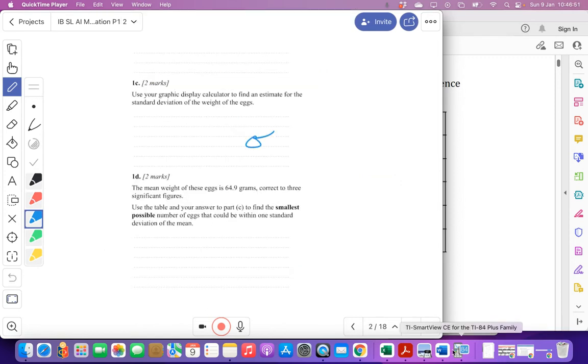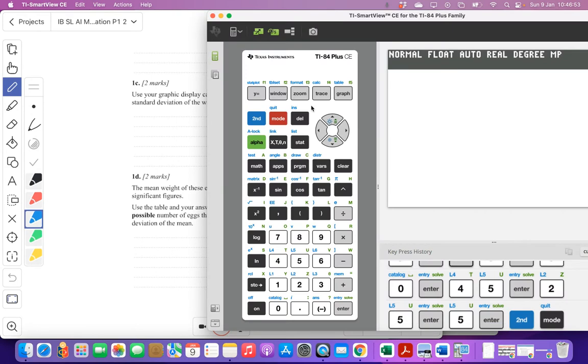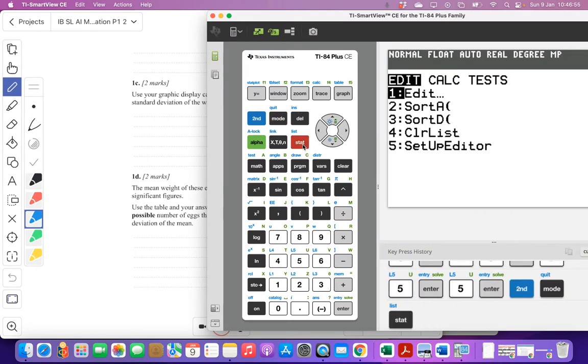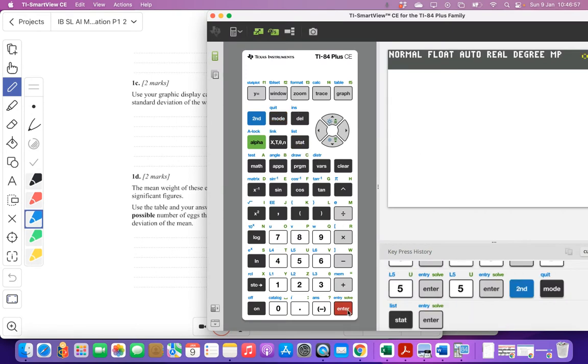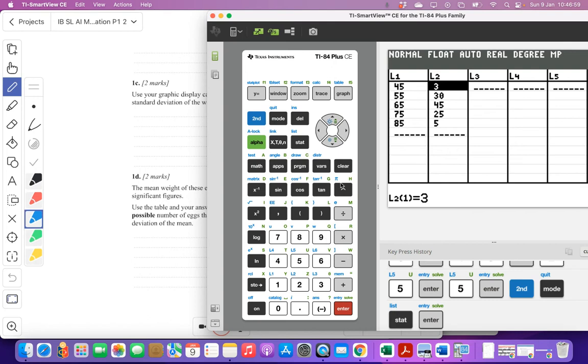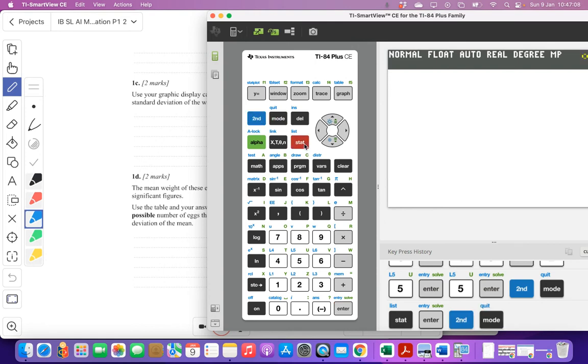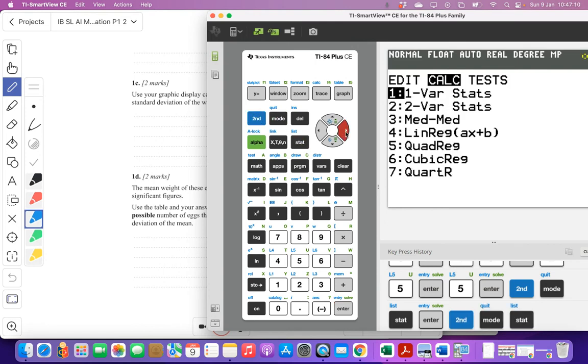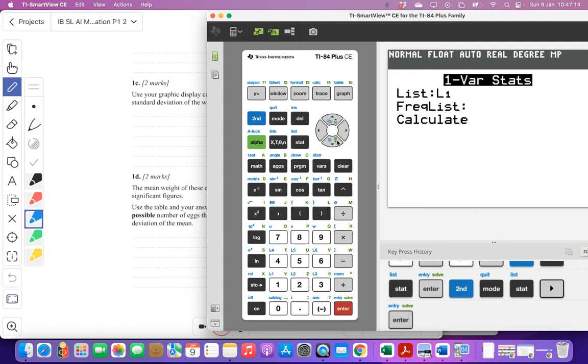Over here on the calculator, I already put the data in stat, edit, and then in list 1 are those midpoints, and in list 2 are the frequencies. Then I quit, go back into stat and calculate one variable statistics. When I do that, I must add in that I have the frequency list here in list 2.